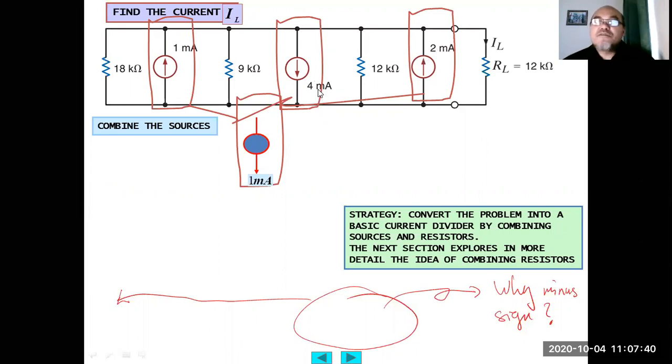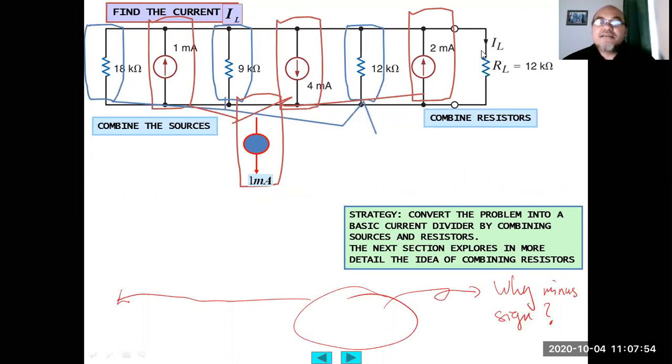If we want to draw the equivalent current source downward, then we change it into positive 1 milliampere. Remember the discussion on the passive sign convention. Then we combine the resistors. Since IL flows through RL, we don't want RL combined with the other three resistors; we leave it alone because we want to calculate the current through it.